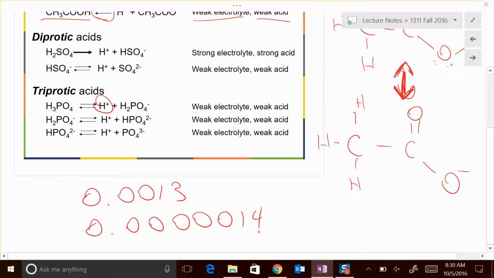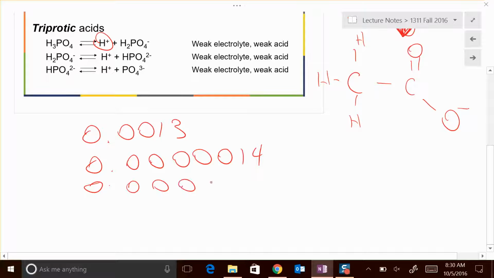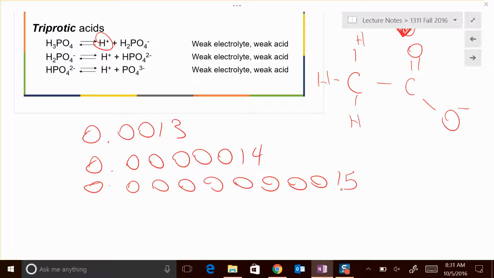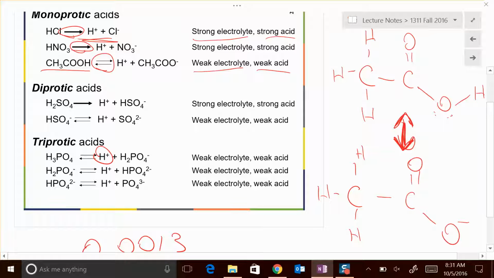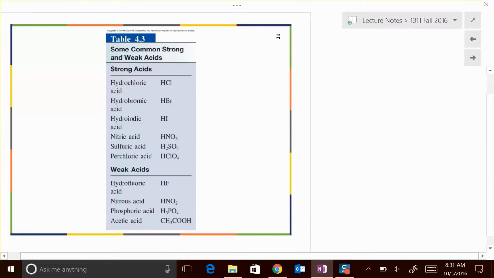So it's hardly significant. These ones hardly become significant at all. And this third one, you know, it's coming off to a really tiny amount. Okay, and so it would end up being that this isn't really considered very much into the concentration of this one. So this one ends up being essentially the concentration of that high acid solution. Okay. So it's one arrow is strong electrolyte, two arrows weak electrolyte. That's right. That's exactly right.